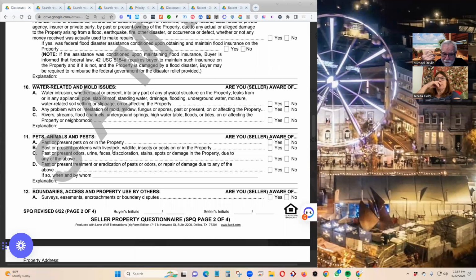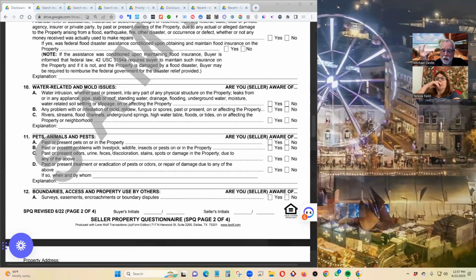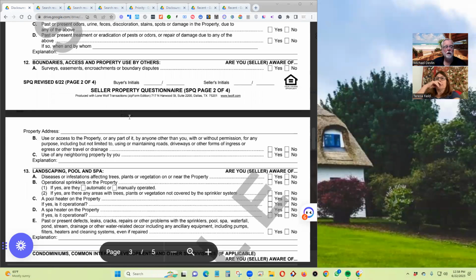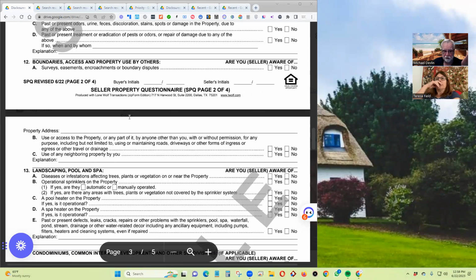Livestock, wildlife, insects, pests, wasps, rodents, things like that. You get the idea. Most of this is straightforward. Do you know, if you're the seller, of any boundary issues? Are you fighting with your neighbor about whether the fence is in the right place? Are you arguing?